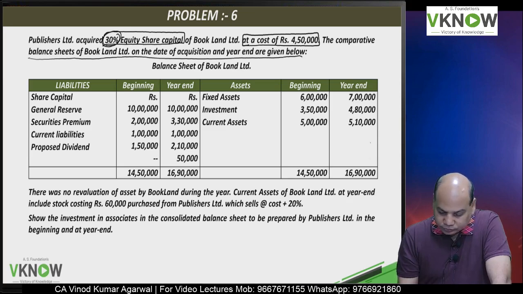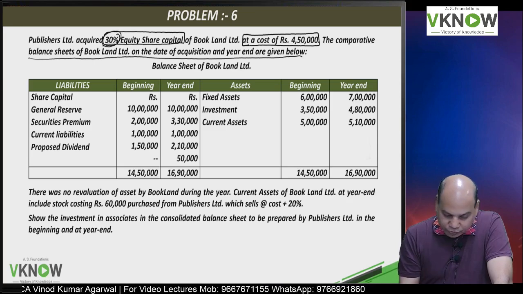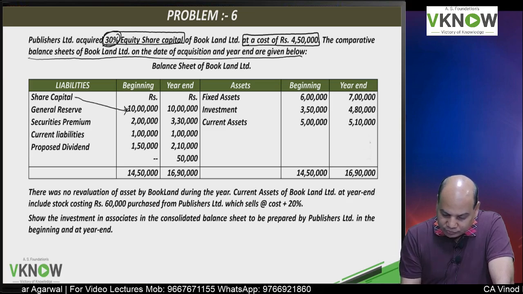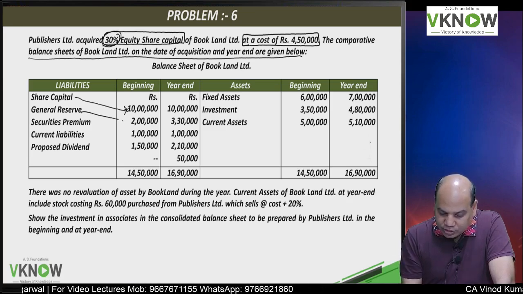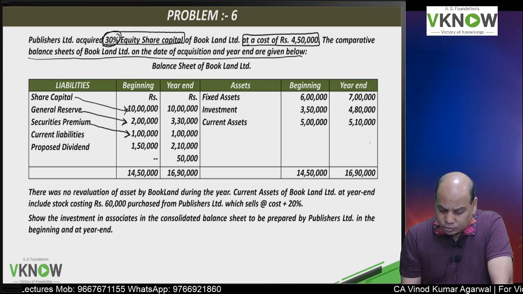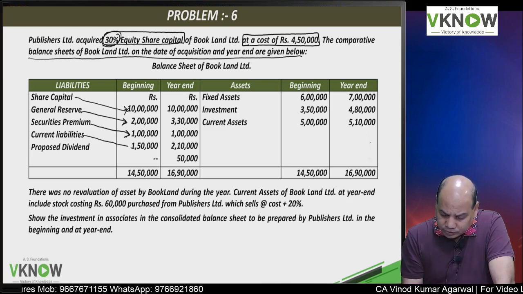Okay. So now in this question there is a small typing mistake. Share capital is 10 lakh. Take a pencil, match 10 lakh. General reserve is 2 lakh and 2,30,000. Securities premium 1 lakh and 1 lakh.